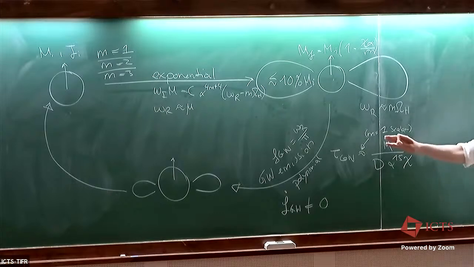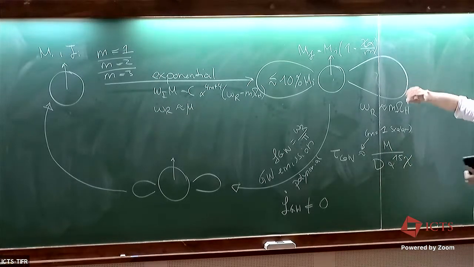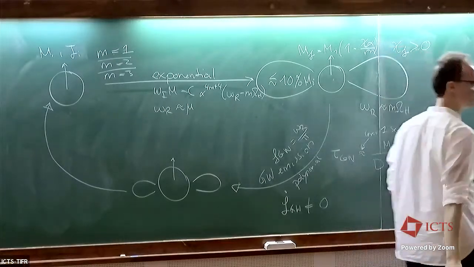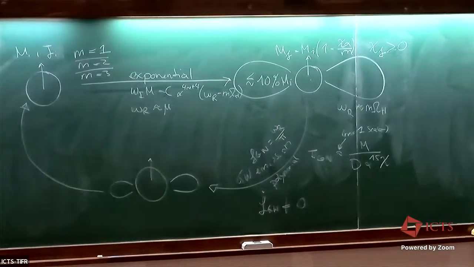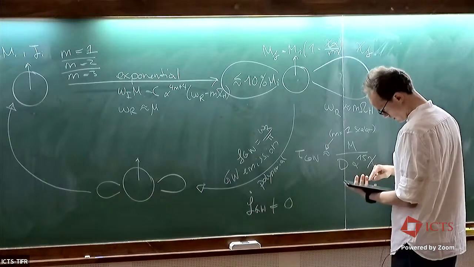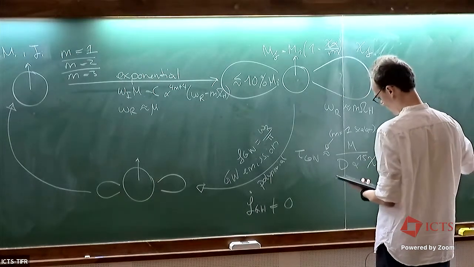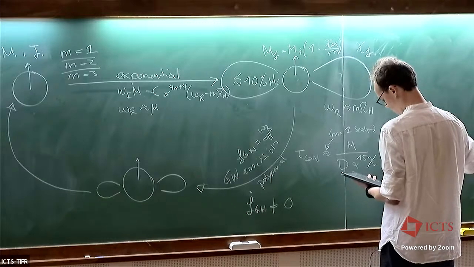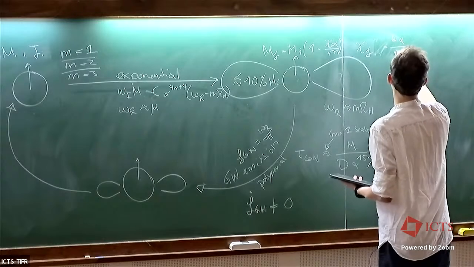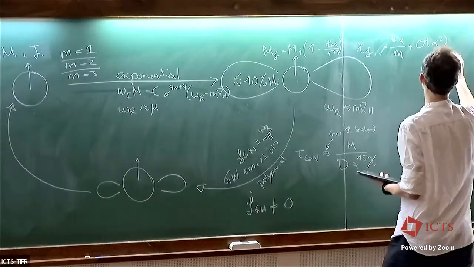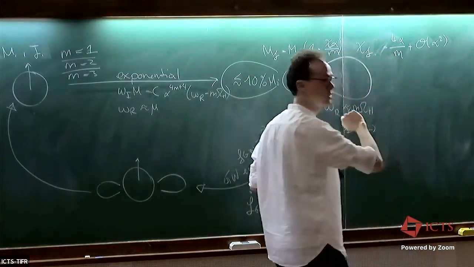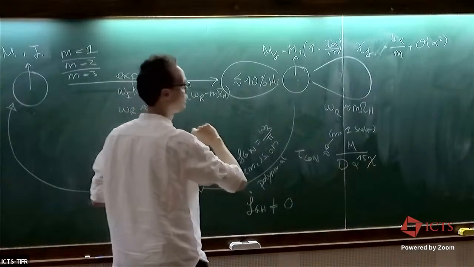You spin down the black hole, but because the final spin here is larger than 0, of course, maybe I should write down the expression so we can talk about it. So the final spin of the black hole in the small alpha regime becomes very, very small, but it's non-zero, right?